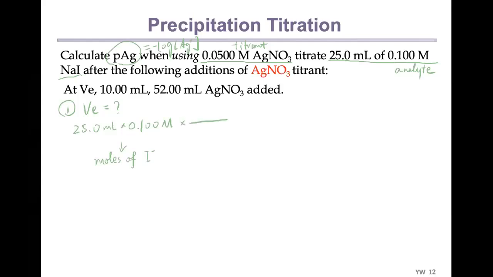So 1 mole of iodide is 1 mole of silver. So by doing this, you can convert the moles of iodide to silver. And then this is the moles, right? So how do you calculate the volume of silver nitrate?